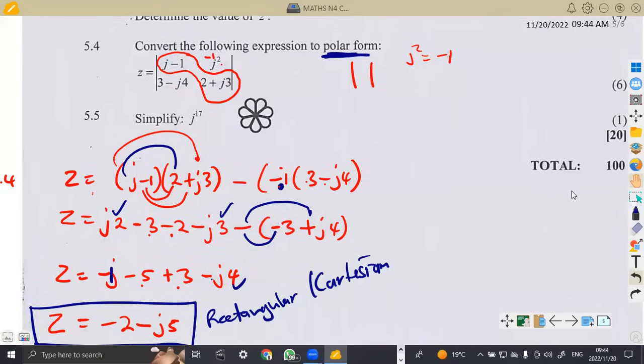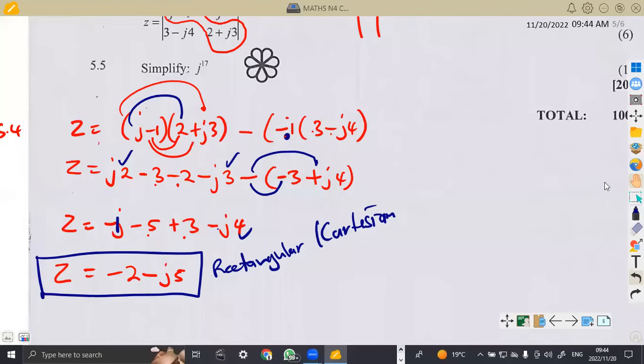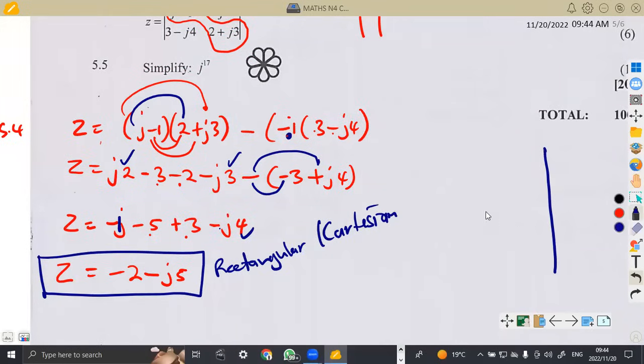Our real part is negative and our imaginary part is negative, so that's in the third quadrant, where this is our -2 and this is our -J5. Remember, in polar form, you're supposed to calculate the value of R and the angle.